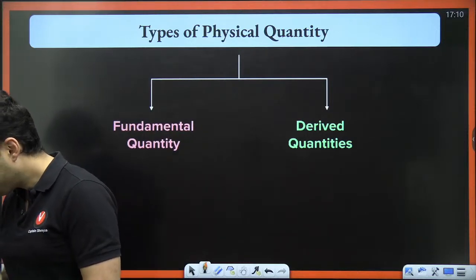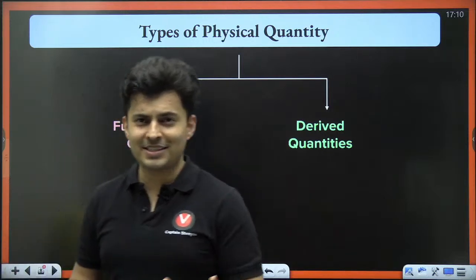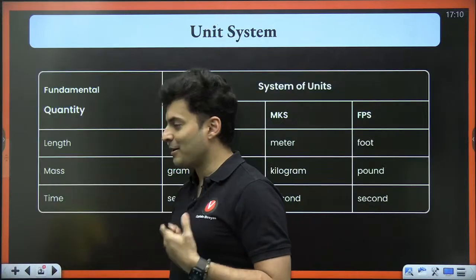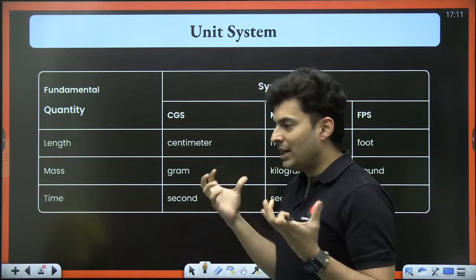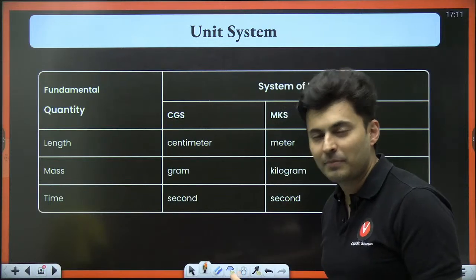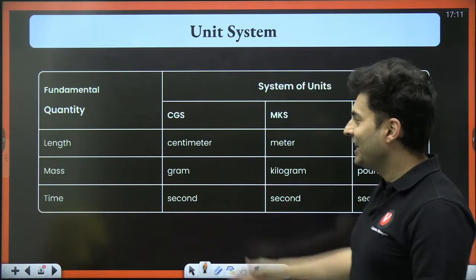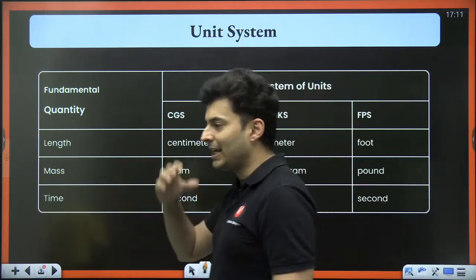Everybody with me? Yes, and we will be taking up many more chapters. This is just the beginning, my dear warriors. There are many more chapters to come. The fundamental units which we have in our day-to-day life are length, mass and time.